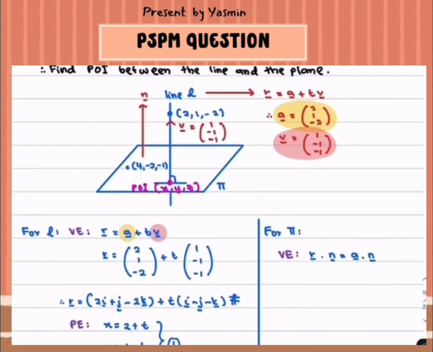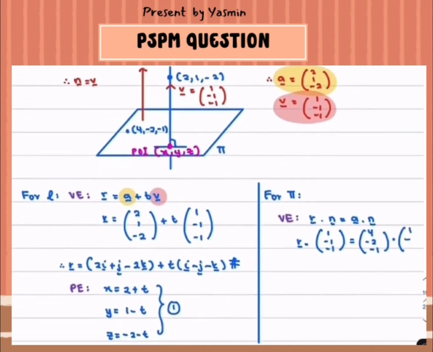Note that the normal vector of the plane, which is n, is parallel to vector v. Therefore, the vector n is actually the vector v, which is 1, negative 1, negative 1. And for vector a, it comes from any fixed point on the plane, which is 4, negative 2, negative 1. Dot again with the normal vector, which is 1, negative 1, negative 1. Therefore, the right hand side will be 7. And hence, this is the vector equation for the plane.